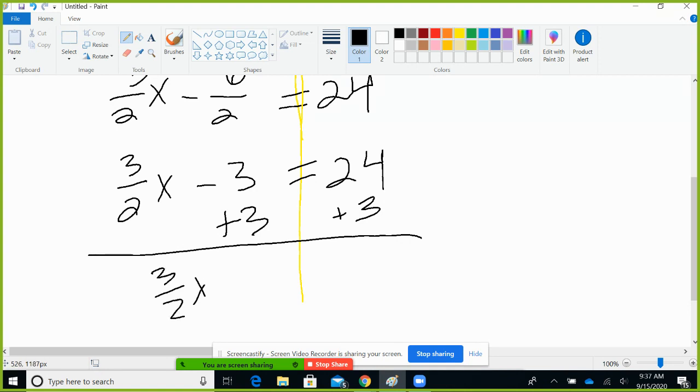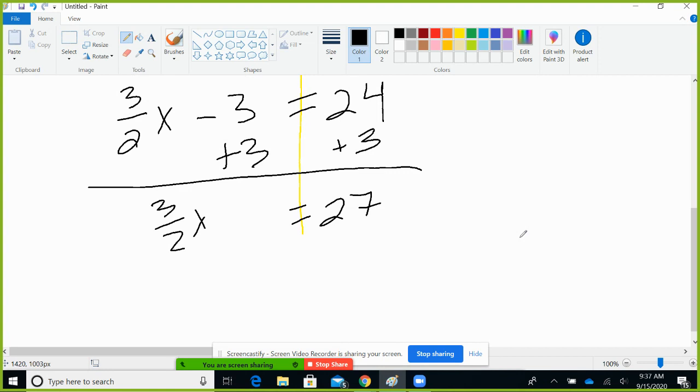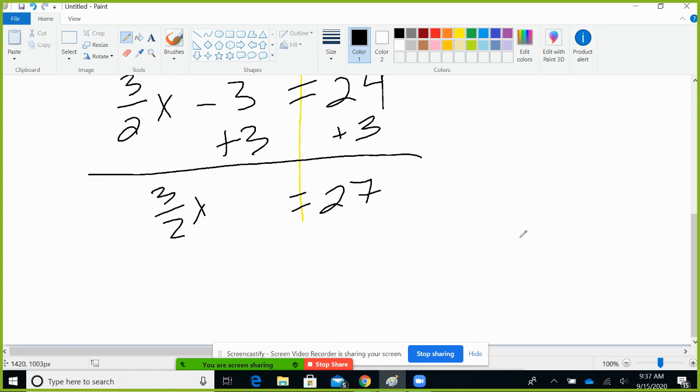Add it on both sides. 3/2 x equals 27. And now how do I get the 3/2 off of this side? So to divide 3/2 would be to multiply it by the reciprocal.